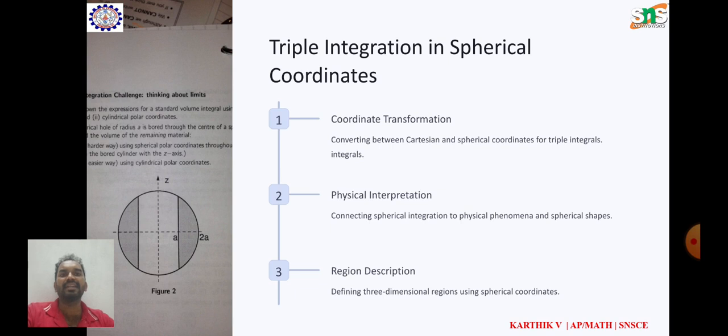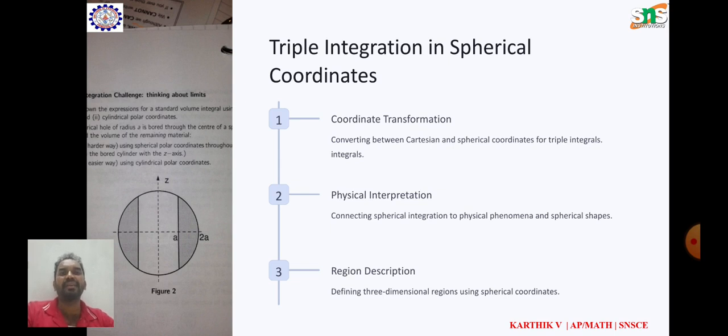Triple integrals in spherical coordinates. In spherical coordinates, a point x, y, z in three-dimensional space is represented using the spherical coordinates rho, theta, phi, where rho is the distance from the origin to the point. Theta is the angle measured counterclockwise from the positive x-axis to the projection of the point onto the xy plane, that is the azimuth angle.